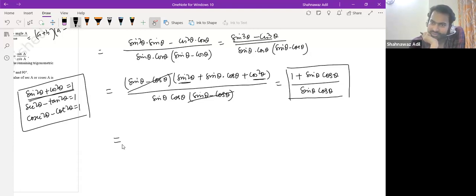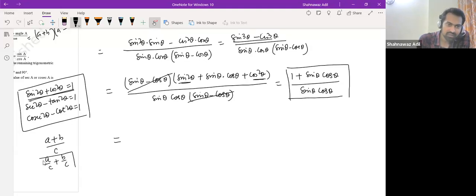Like that, right, sir? So we can write separately. Let's say we have a plus b by c. We can write this as a by c plus b by c. So this is 1 by sine theta into cos theta, and then we have sine theta.